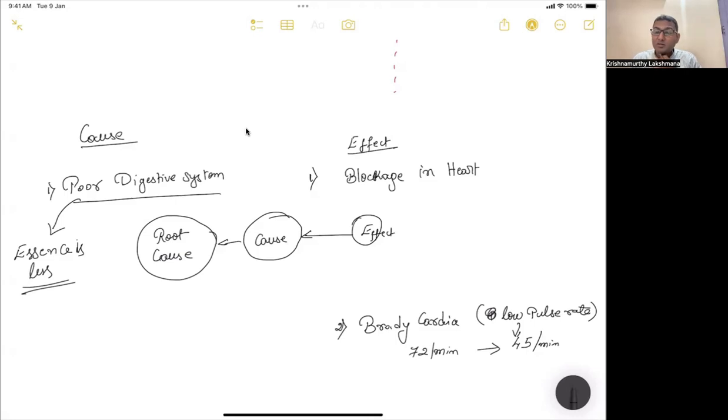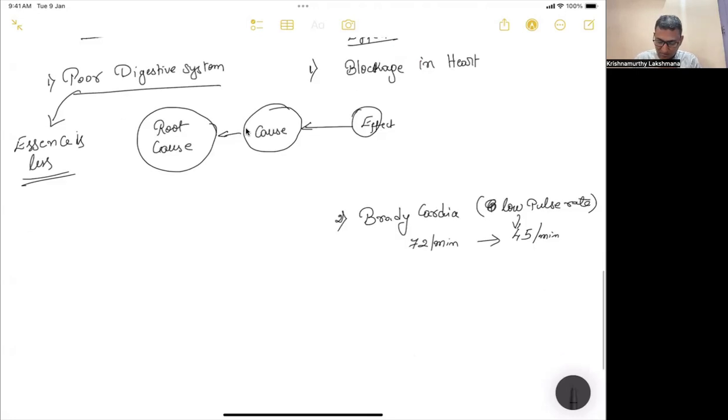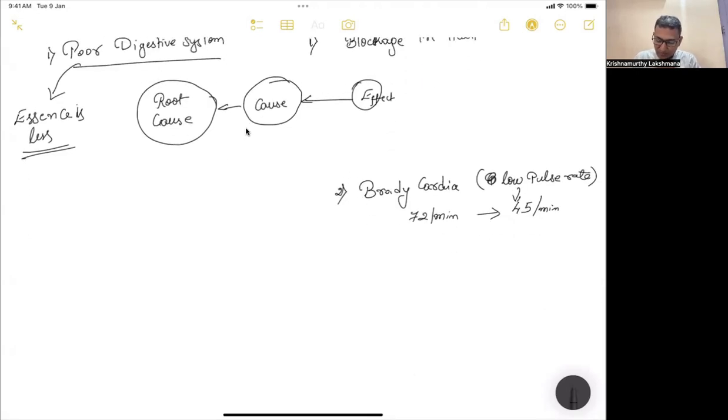Essence is less, then we have to go to the root cause of lungs chi deficiency. No. Now, this is the second scenario I am taking. Say if there is bradycardia, what will the Western medicine people do? What is the solution which is offered? They will put a pacemaker.